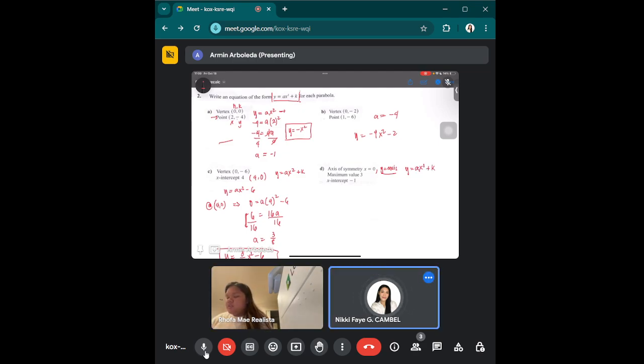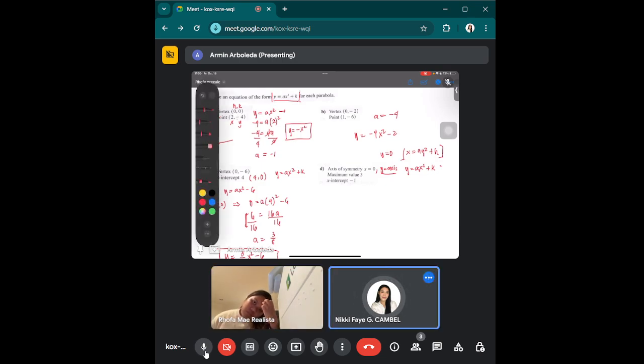If the axis of symmetry is y equals 0, then the standard form we're going to use is the opposite, x equals a y squared plus h. So if the axis of symmetry is different, we're going to use a different standard form. I just want to clarify that one.